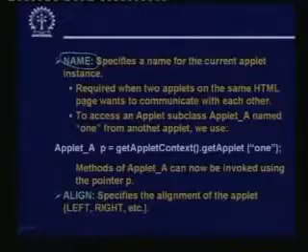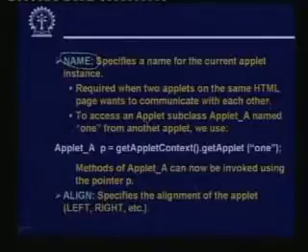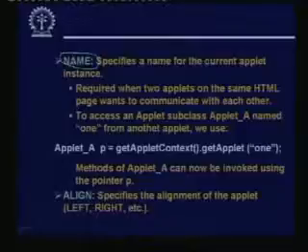Moreover, you can use this name for inter-applet communication. Two or more applets on the same page, HTML page, can communicate with each other. For example, if we want to access an applet subclass applet_a, whose name I have given as ONE1, this name equal to 1.